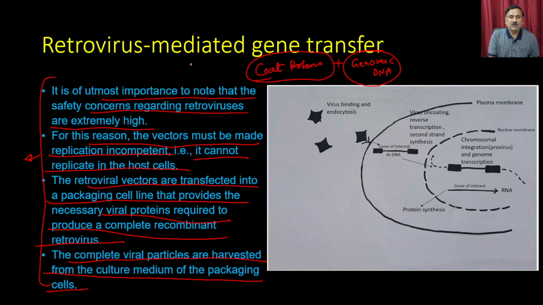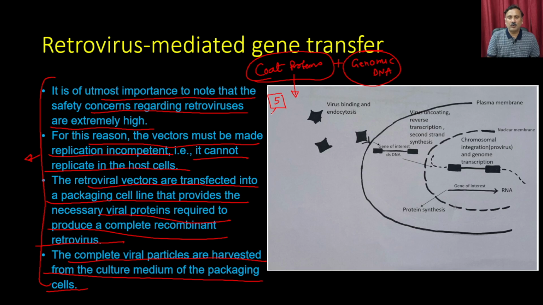If you mix them together, it gives you a functionally active virus particle. When you are using retroviruses, some of these coat proteins you are not adding onto the same viral DNA. Suppose you have 5 coat proteins required for making the coat of the virus.